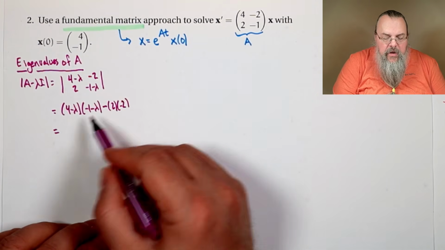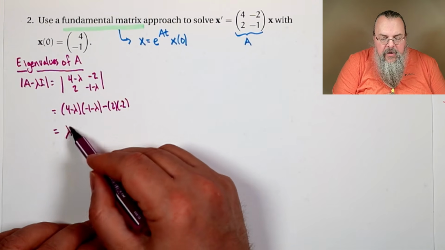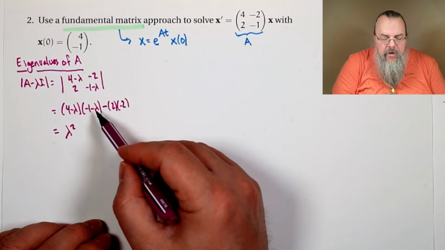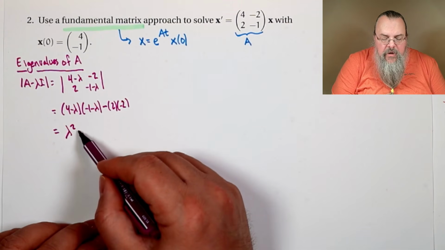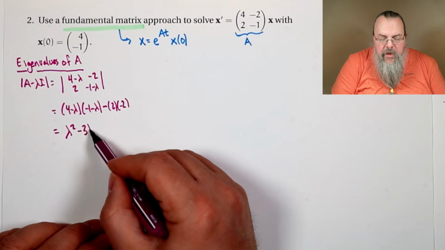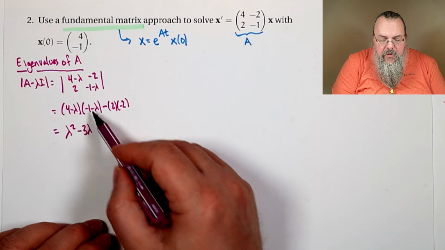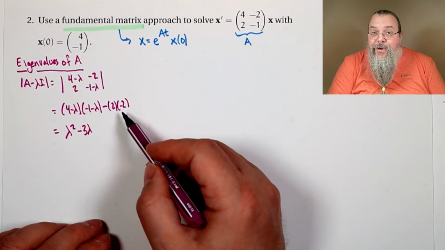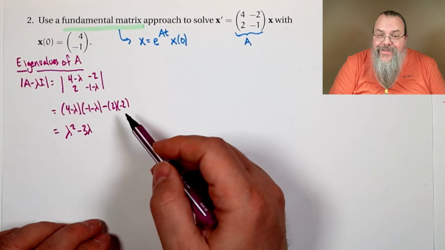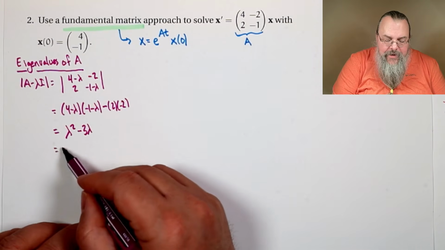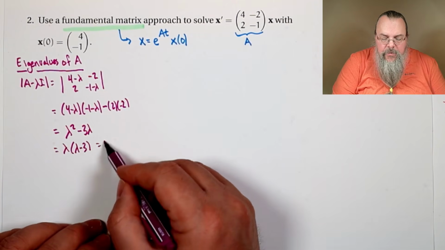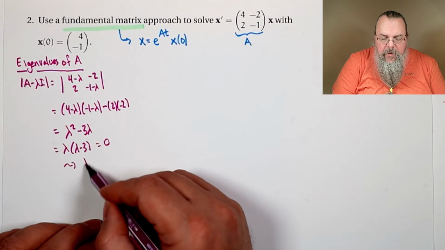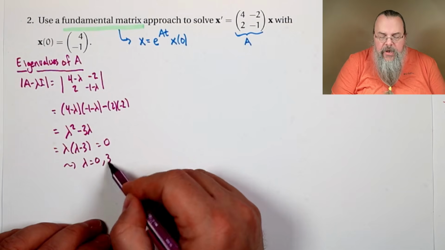That makes a lambda squared, and then we have a -4 lambda and a plus lambda, so that's a -3 lambda. And then we have a -4 and a +4, which cancel. That factors pretty nicely: lambda times lambda minus 3, which gets us to lambda equals 0 and 3.